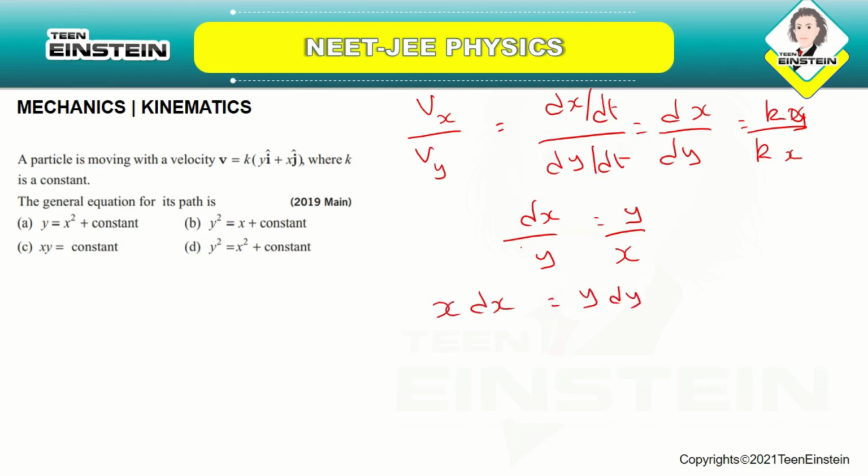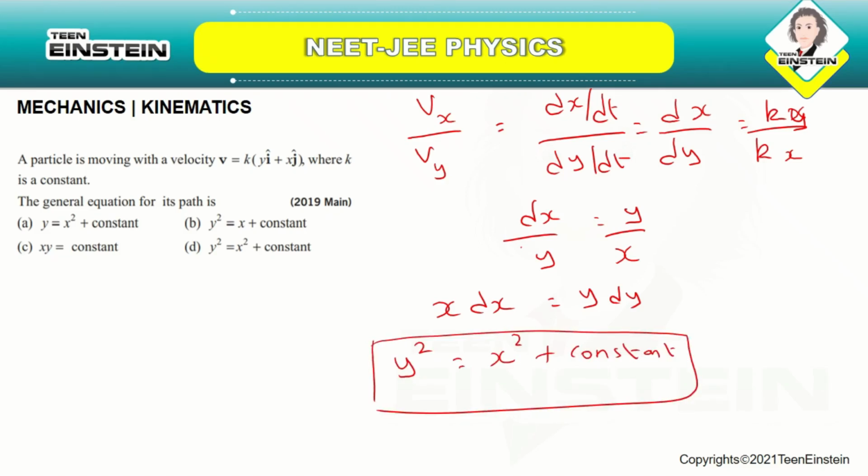Now you integrate this, you will be getting y square is equal to x square plus a constant. So the correct option is option number D, y square is equal to x square plus constant.